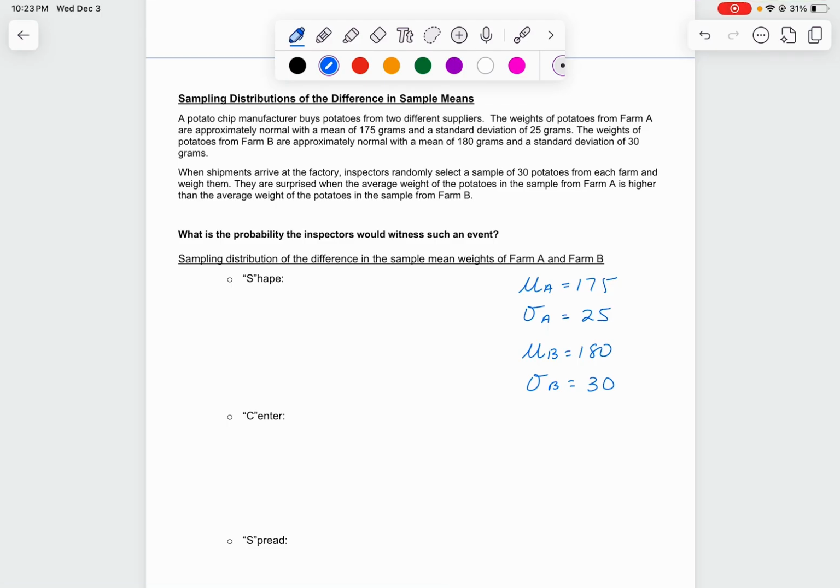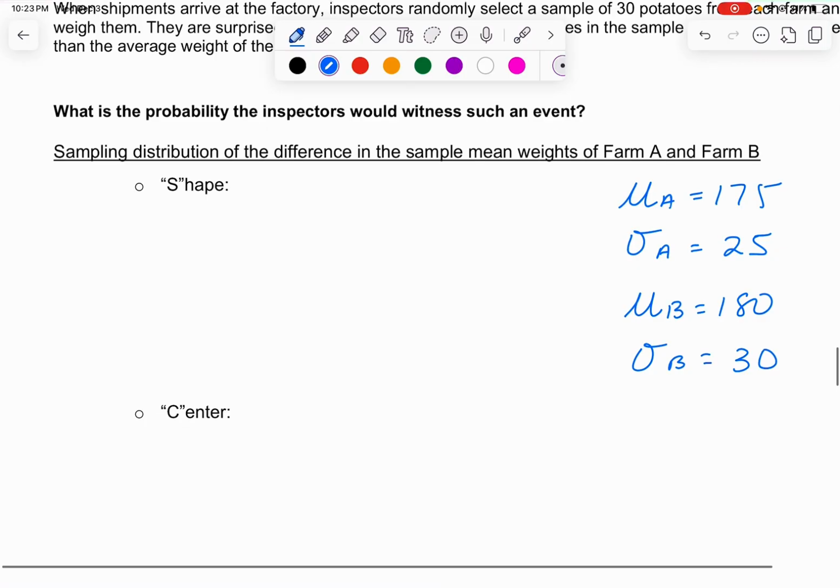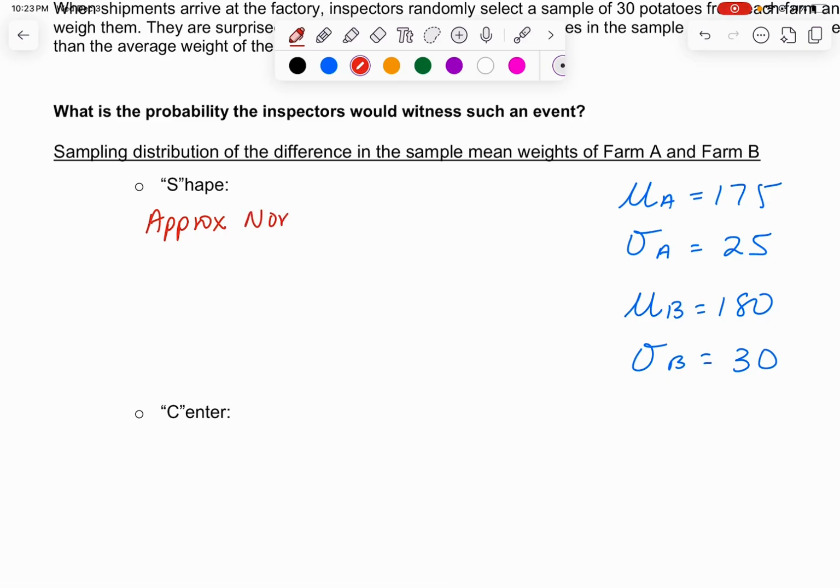So remember, just like when we checked before, we have to check for the shape, the center, and the spread. So the shape, we want to know, is it approximately normal? That is what we want to check for.